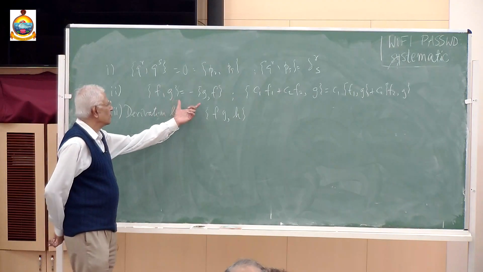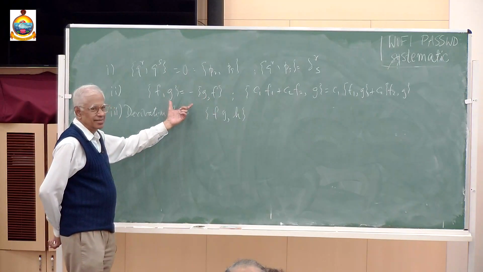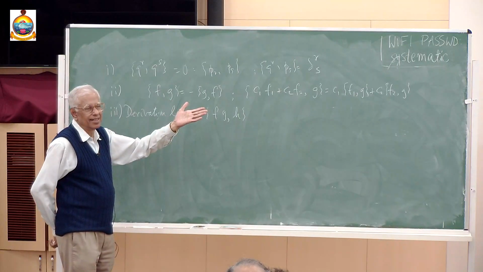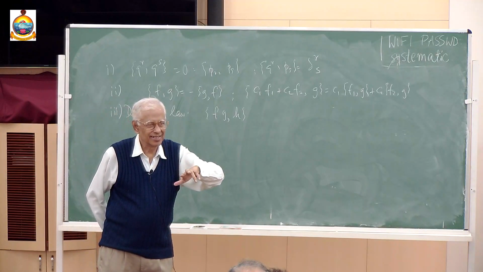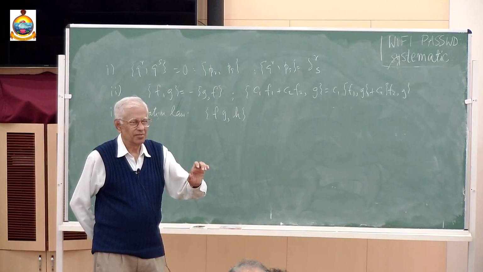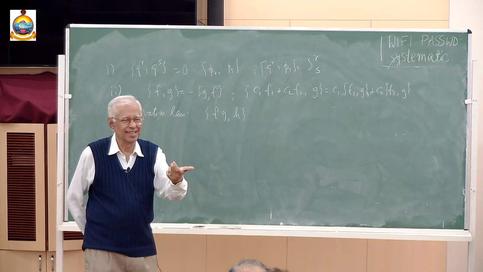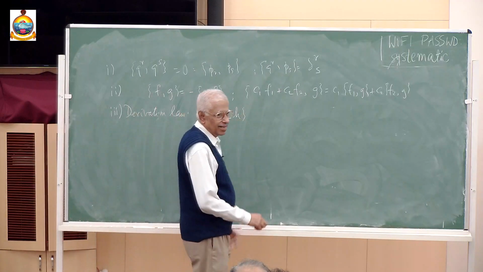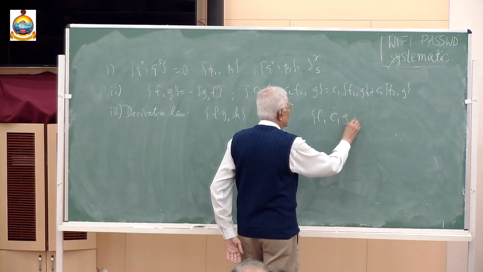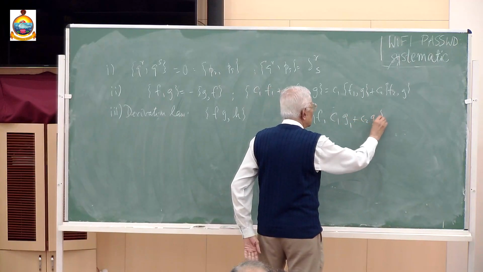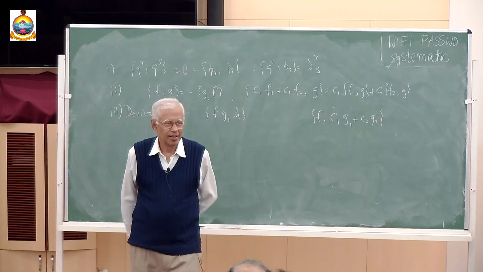Well, combine that linearity with this antisymmetry, what can you say? Is it linear in g or not? Yeah, but you switch it again. Suppose you want to calculate, your question is a good one. Suppose you want to calculate this one.